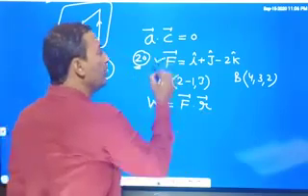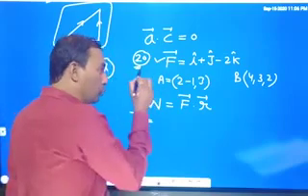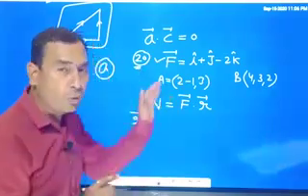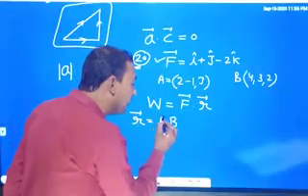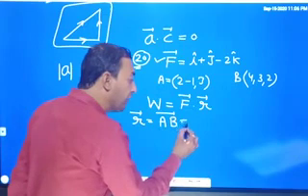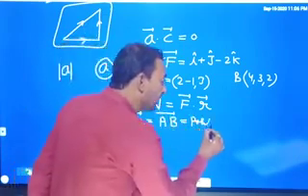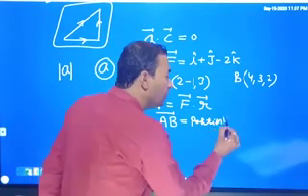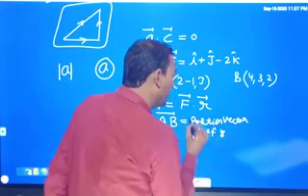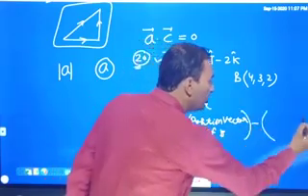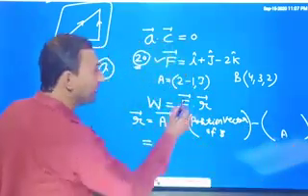Then force is given. What is displacement? r vector is, jo bhi particle hai, particle goes from A to B. Then displacement vector written like that, AB vector, and AB vector we find there is a formula: position vector of B minus position vector of A. Then what is the position vector of B?